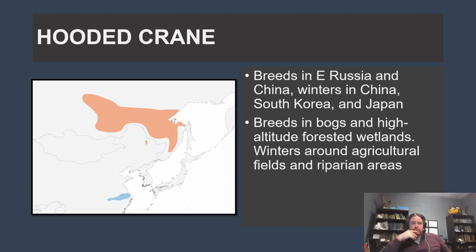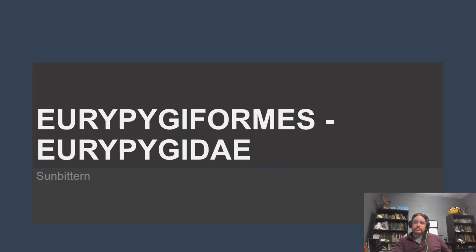This species breeds in East Russia, China, also winters in China, South Korea, and in Japan. It's hard to see the Japanese wintering range here, but if you look really closely, you'll see a couple little blue dots down here in Japan. It breeds in bogs and high altitude forested wetlands and winters around agricultural and riparian areas.